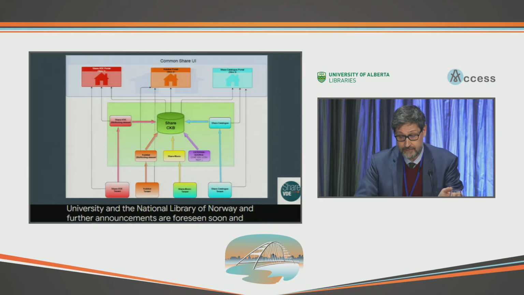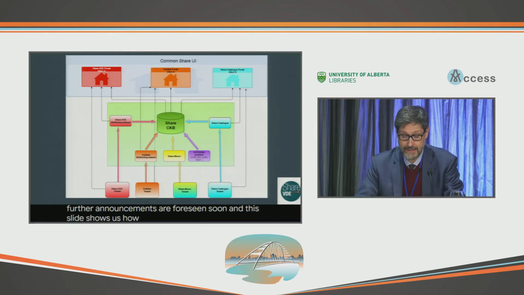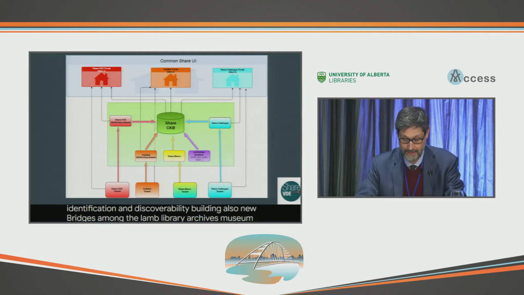And this slide shows us how linked data can become an instrument to change how institutions engage with each other, enabling an even more web-based entity identification and discoverability, building also new bridges among the LAM (Library, Archive, Museum) domains.